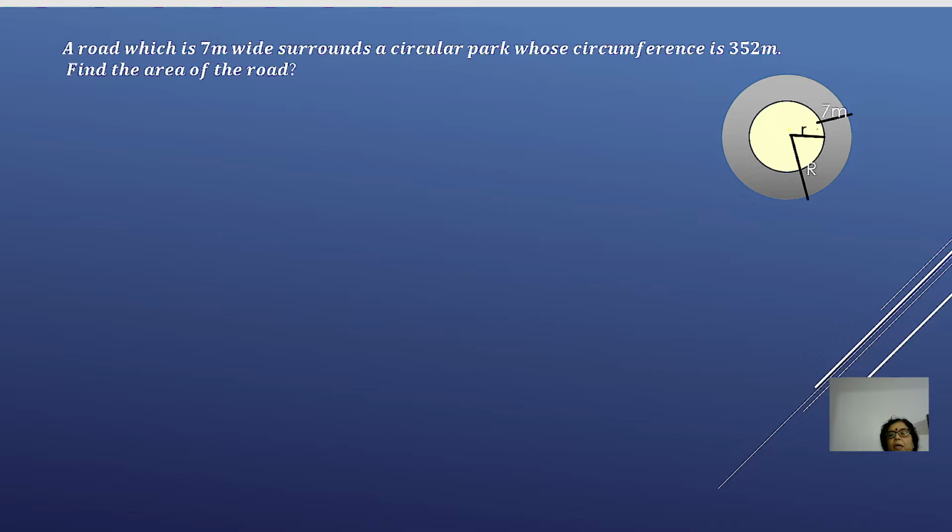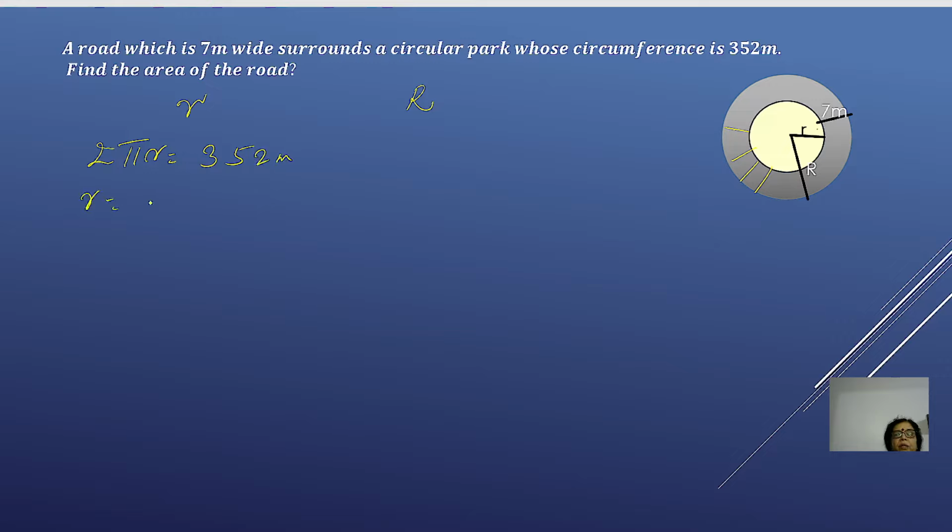So this is a park, the yellow one is the park over here, and the road is surrounding this park. So the question says that the circumference of the park is 352 meter. So let us take the radius of the park as small r, and radius of the road, including the road, the outer circle, that makes it capital R. So from here, the circumference, that is 2 pi r, is equal to 352 meter.